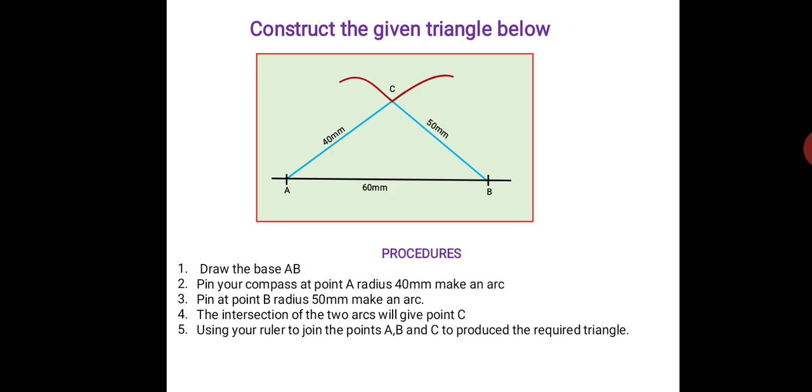The 2 arcs will meet at a point. The point of intersection gives you point C. To complete this triangle, use your ruler and join the points. Join A to B, A to C, and B to C. That will give you the required triangle.